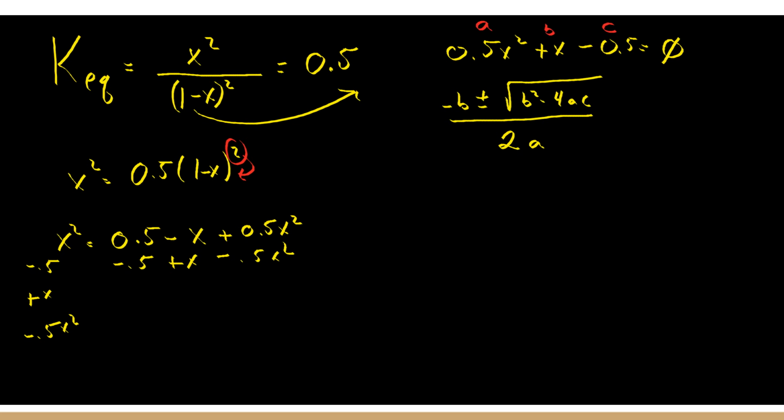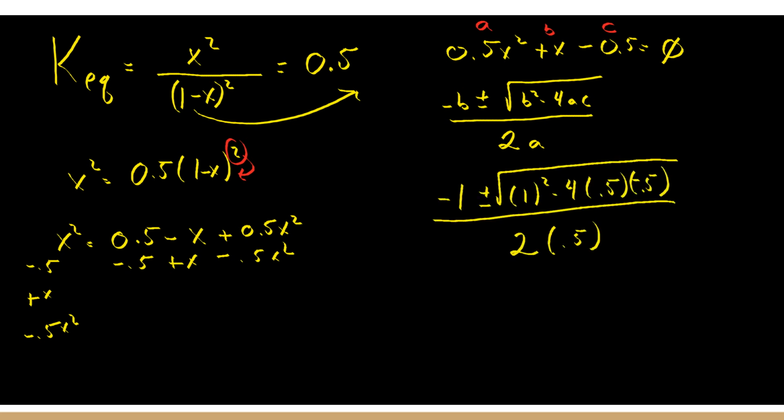Negative b plus or minus the square root of b squared minus 4ac, all over 2a, where a, b, and c are the coefficients of those three numbers up top. So a is 0.5, b is 1, and c is negative 0.5. When you plug those into that formula, you get negative 1 plus or minus the square root of 1 squared minus 4 times 0.5 times negative 0.5.